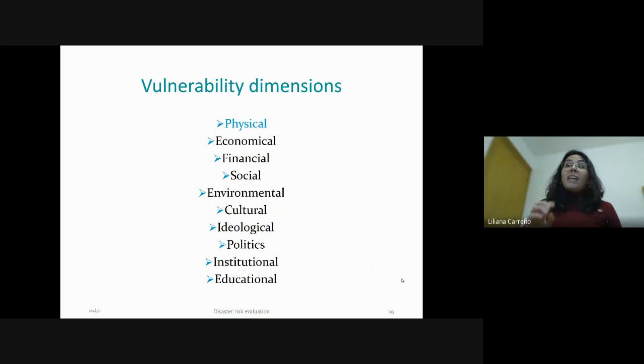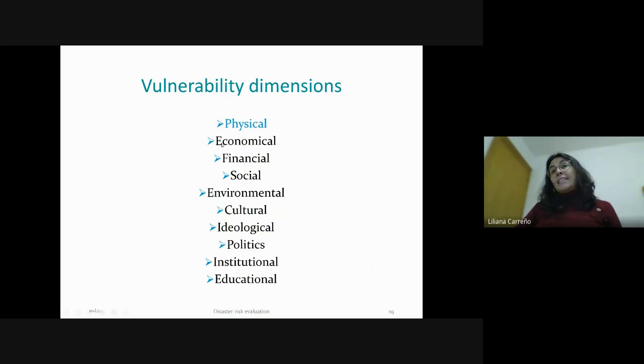And when I am talking about vulnerability, I have to say that vulnerability has different dimensions. We can talk about physical vulnerability, economical, financial, social, environmental, cultural, ideological, politics, institutional, and educational dimensions of vulnerability.